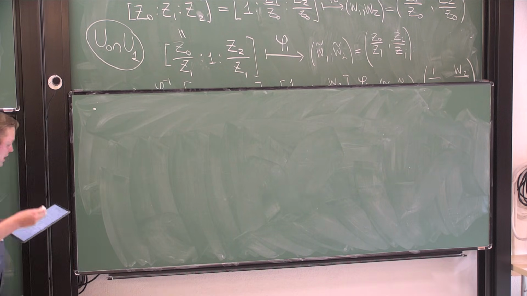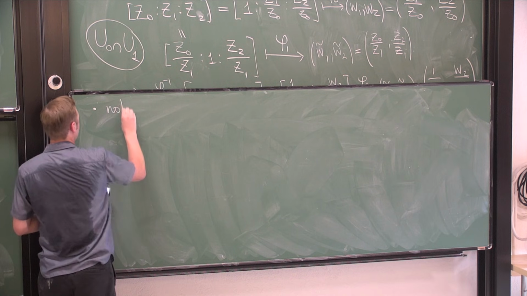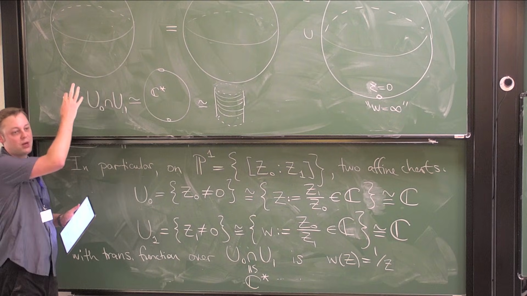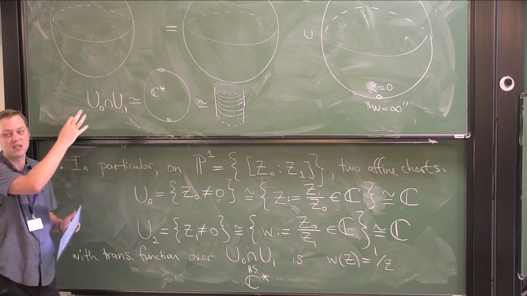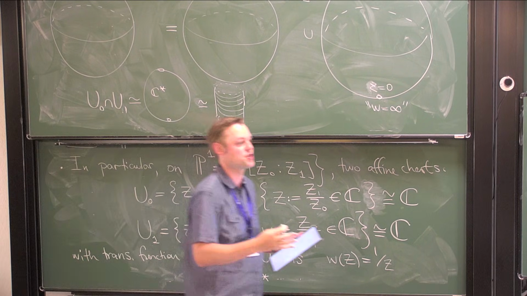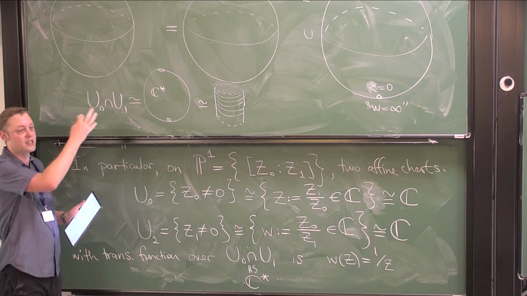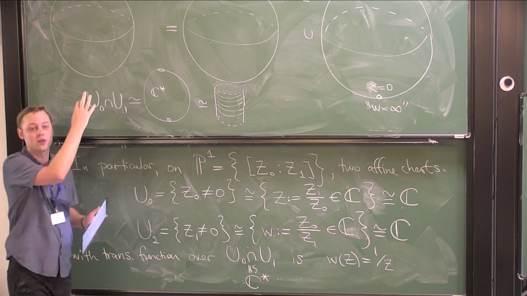So it begins with just noticing, so note. So here I pictorially explained to you that P1, in other words the projective space for n equals 1, the one-dimensional projective space, is topologically, in other words the underlying topological manifold is homeomorphic to the 2-sphere.